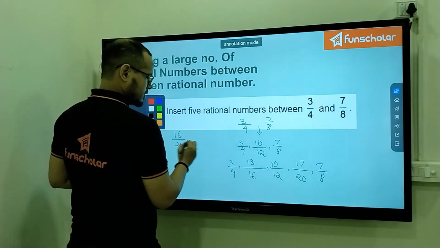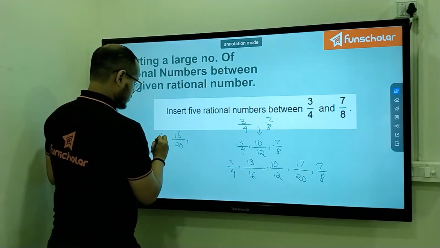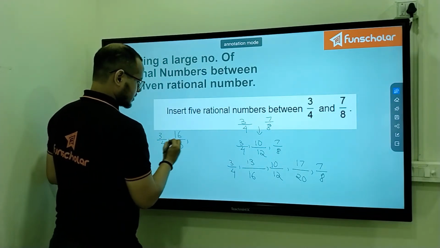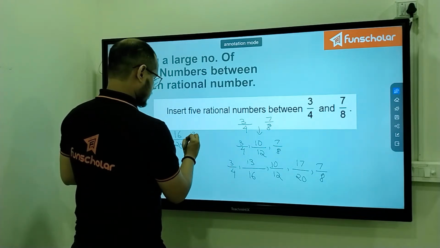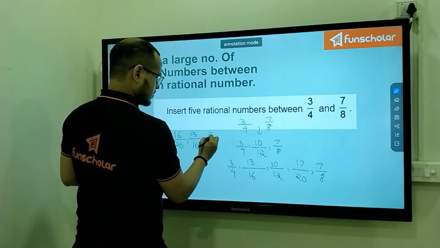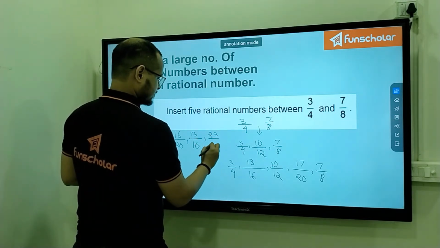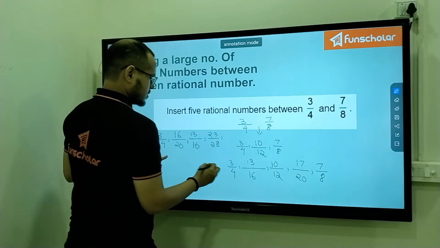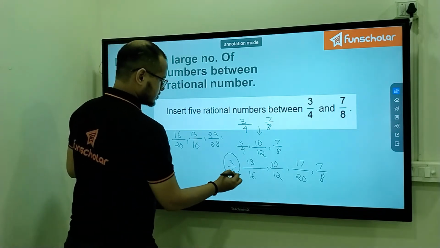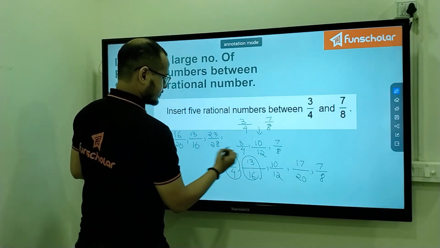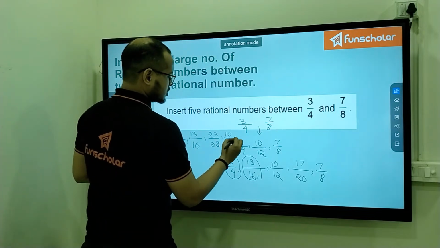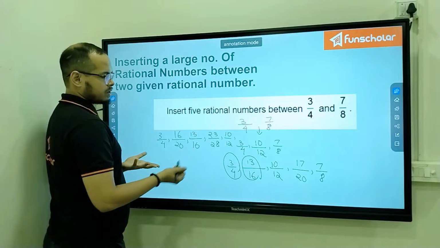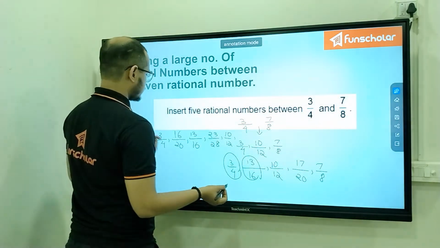After 3 by 4, there will be this, then after this, there will be this, then after this, there will be this. Now we have covered this, we have found the average here, now 10 by 12. Similarly, we have already found 5. We have found more than 5 just by using the average method.